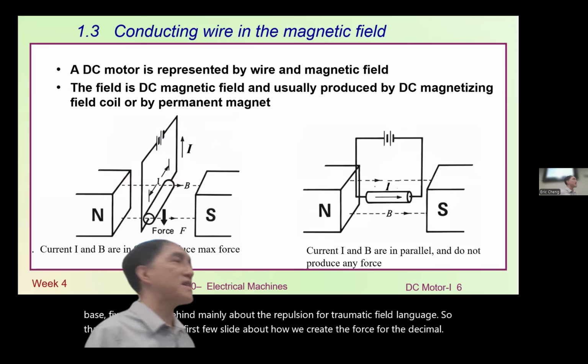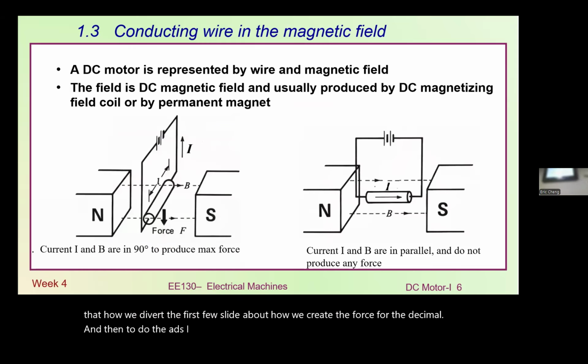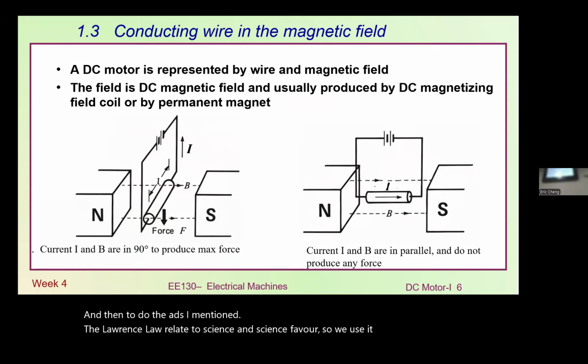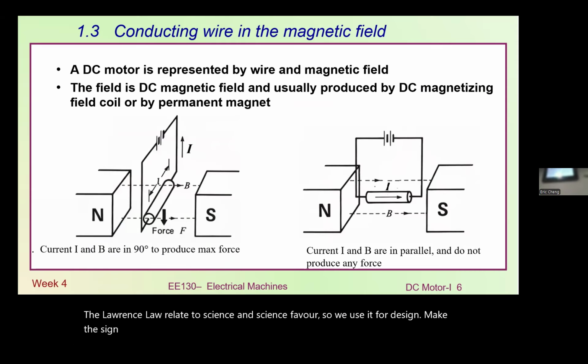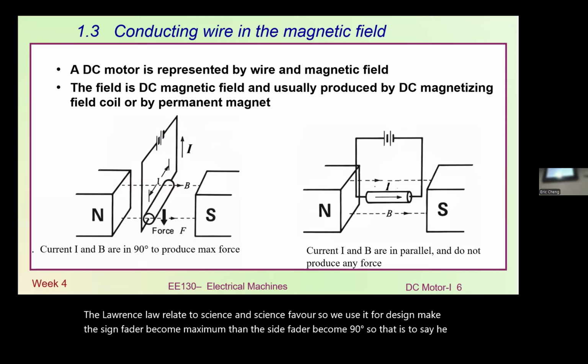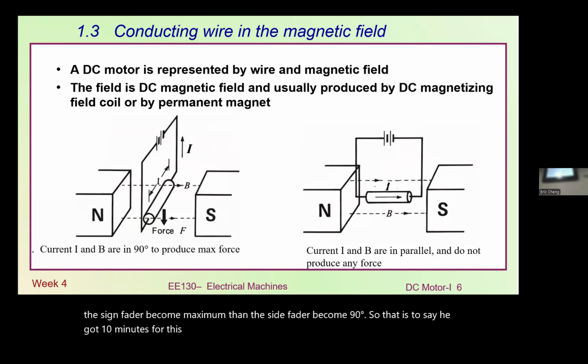And then I mentioned the Lorentz law relates to sine theta. So for design, we usually make sine theta maximum, that is, theta becomes 90 degrees. If you have parallel magnets in a DC motor, two parallel magnets here, when the wire passes through, we make the wire 90 degrees to the magnetic flux.